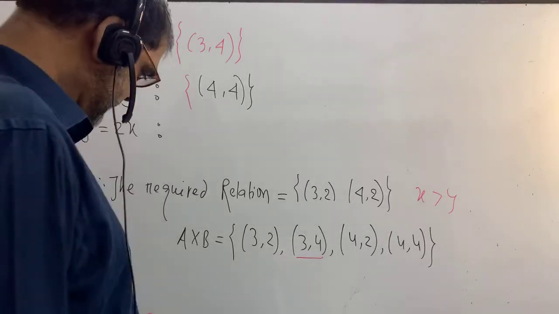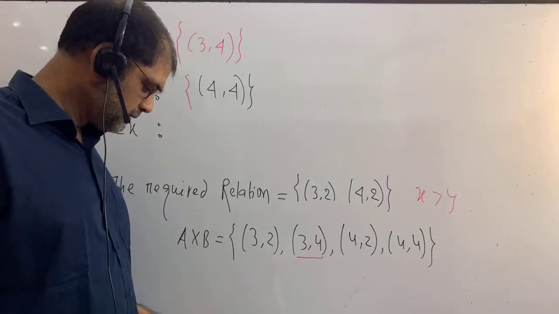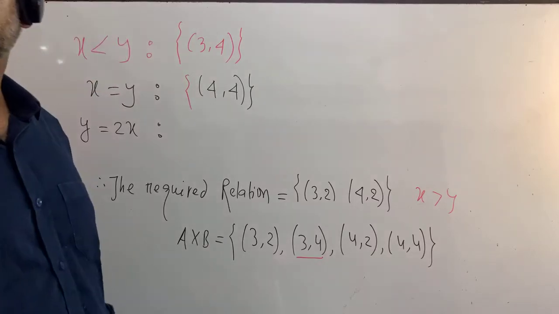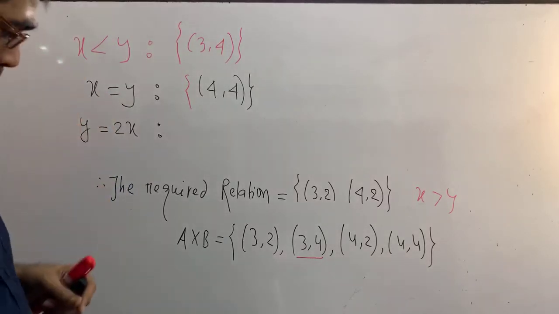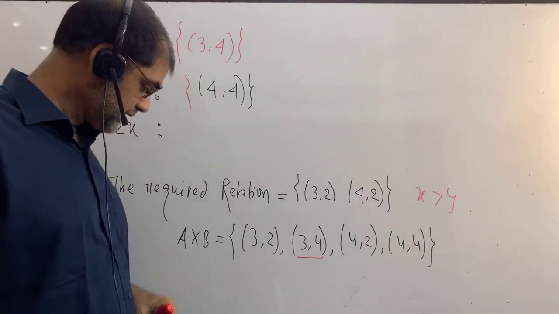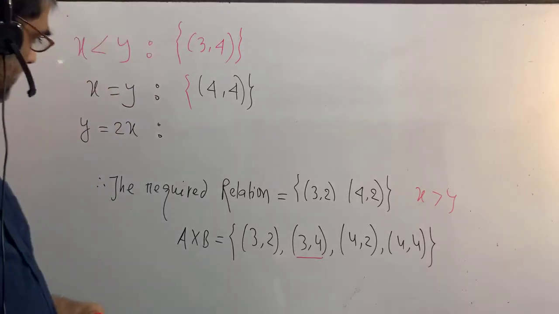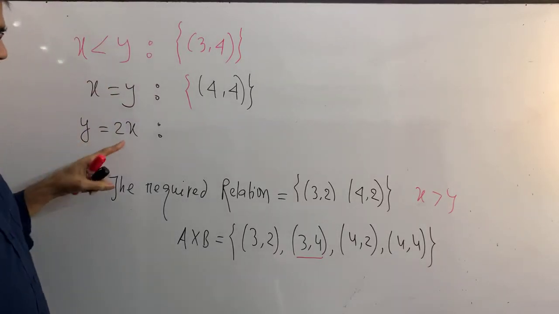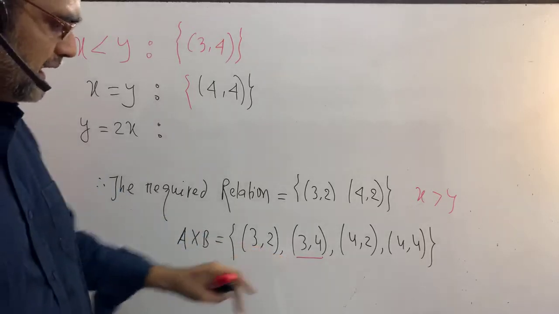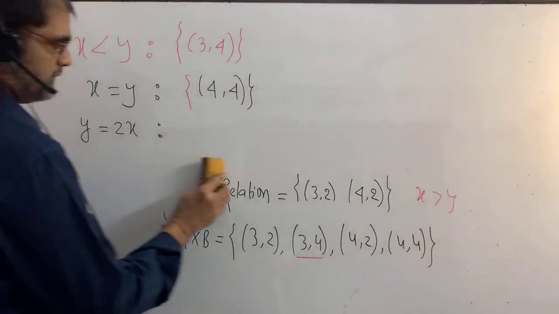Some of you are writing, but it is blurred here, and I can't read it. Perhaps it is due to your internet connection. Anyway, I am telling y equals to 2x. What should be the answer here? Just let me know.